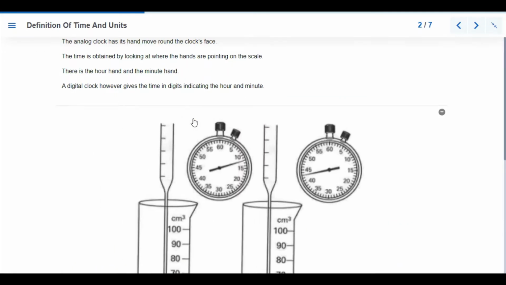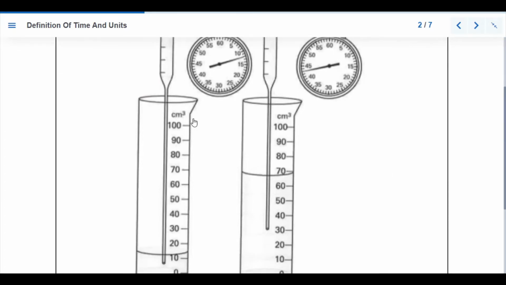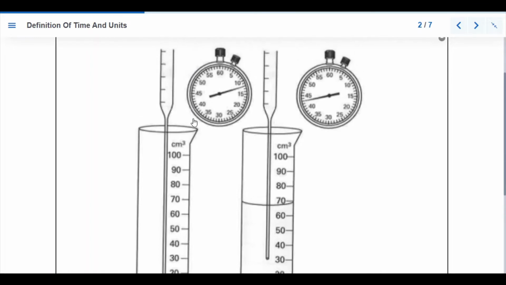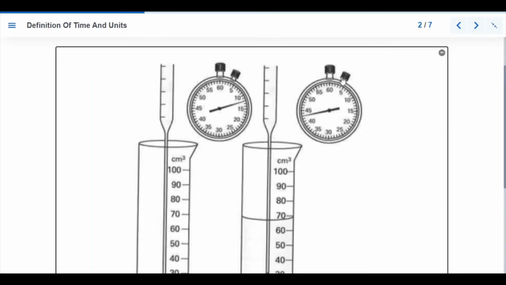Looking closely at the first watch, we discover that the time written there is 12 seconds. And at the second watch, we have 43 seconds. For the first cylinder, the content is at 15 centimeter cube, while for the second cylinder, the content is at 70 centimeter cube.